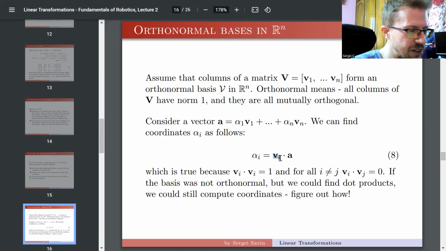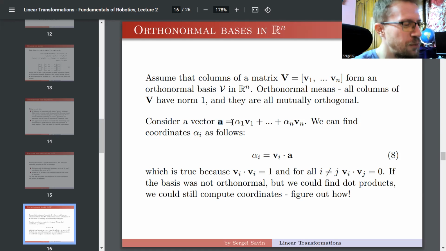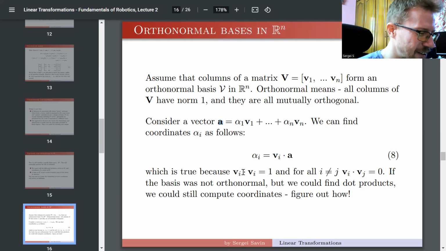Alpha 1 is equal to v1 dot a. So now we finally have a way to compute coordinates. We don't have to just know them in advance. We can compute them. But we need to know a now. If we know a, we can compute the alphas. How and why?